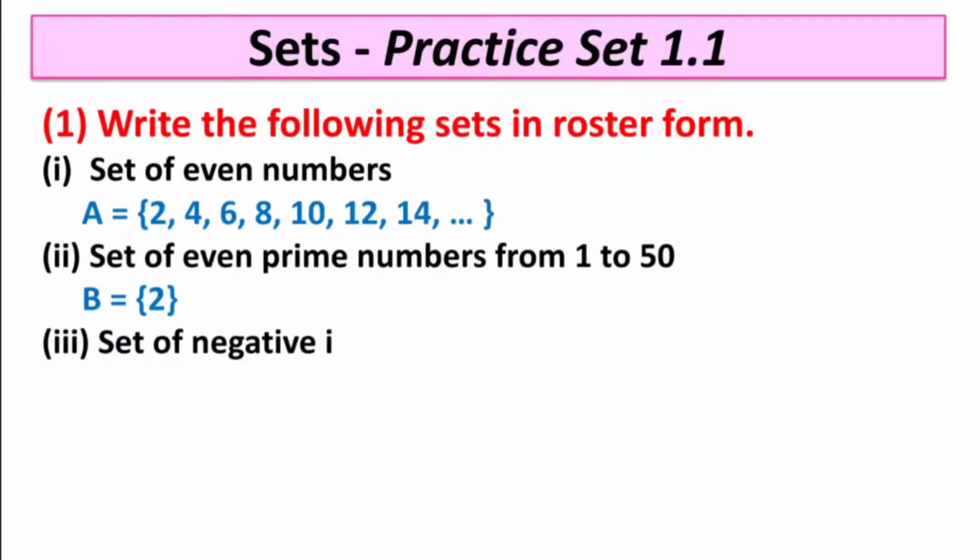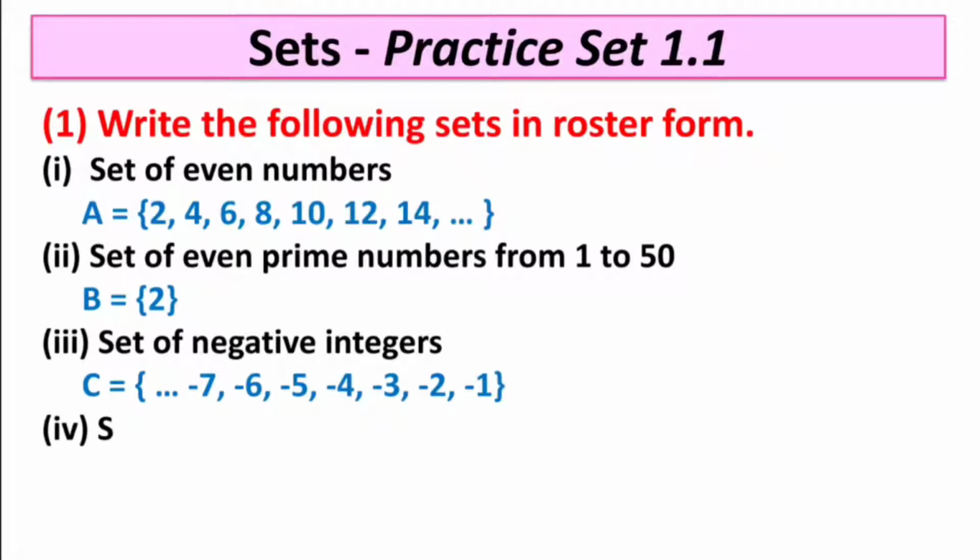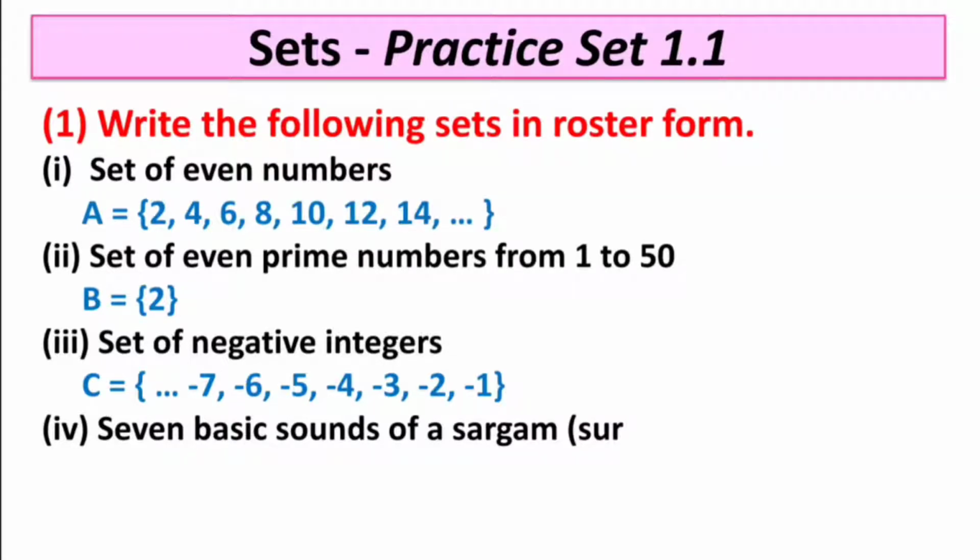The third problem is the set of negative integers. -1, -2, -3 and so on is the set of negative integers. The fourth problem is the 7 basic sounds of a sargam.